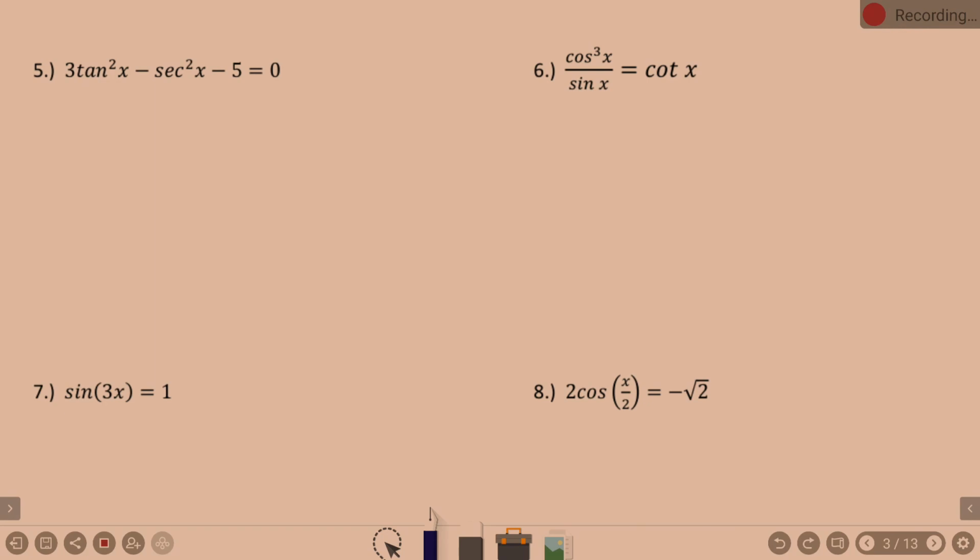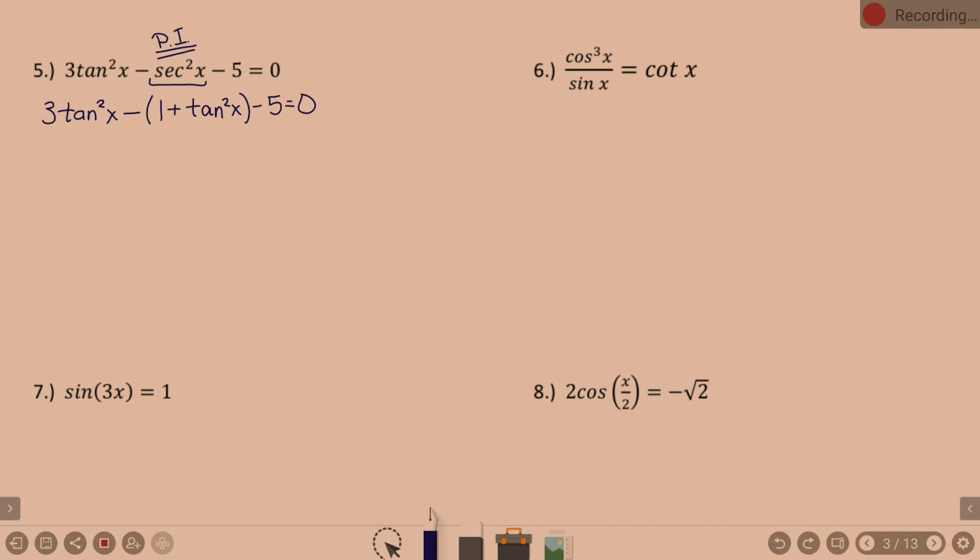Now, what does secant squared replace with then? Secant squared is equal to 1 plus tangent squared. Okay. So we're using a Pythagorean identity there. Now, I recopied it. 3 tangent squared.